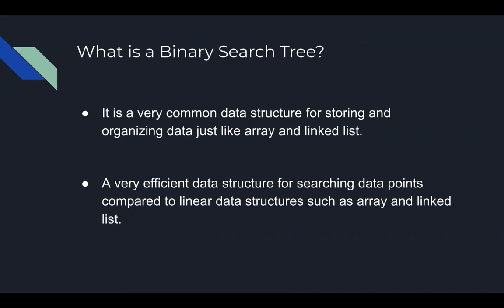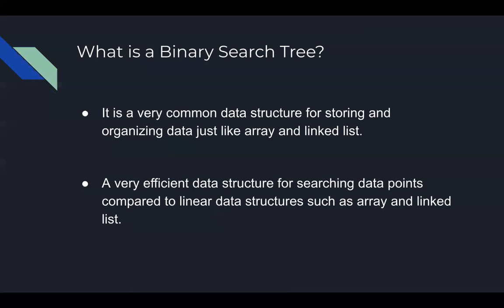Just like many other data structures we have learned from previous CS classes, a binary search tree is just another data structure for storing and organizing data. However, it is very different from some of the other data structures such as arrays and linked lists, because for an array, we have to loop through the entire array to look for a specific item.